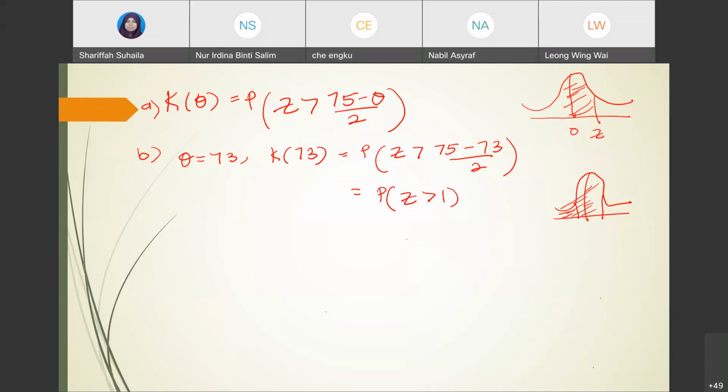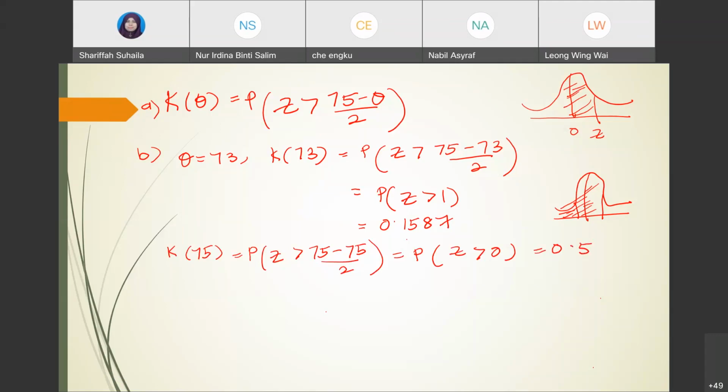That gives the power function 0.1587. Then we proceed to theta 75. K75 is the probability Z greater than (75 minus 75) divided by 2, so Z greater than 0. That is 0.5. I'll give you the values first, and you check how to get them from the stats table.